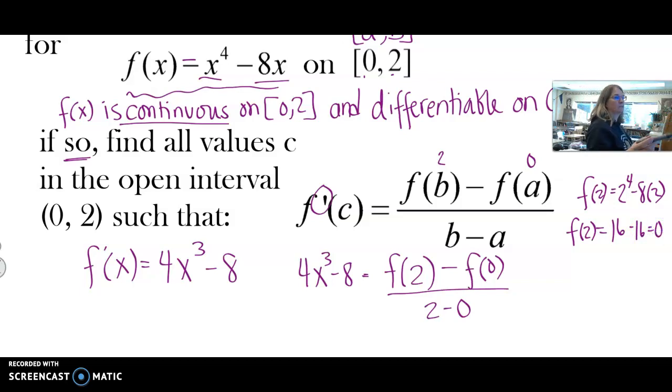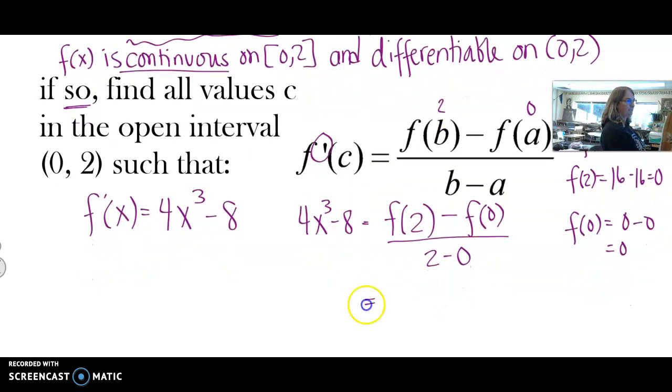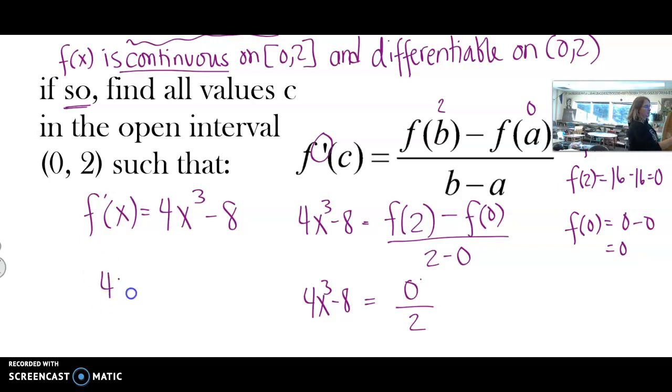And let's look at f of 0. It is 0 to the 4th minus 8 times 0, which is also 0. So we end up with the slope is 0 over 2, which is still 0. So now we have to figure out where 4x cubed minus 8, where does the instantaneous rate of change equal 0, which means we have a horizontal tangent at that point. So we need to solve this right here. 4x cubed minus 8 equals 0.